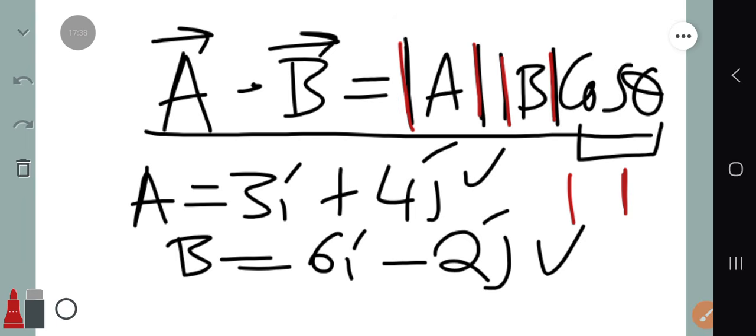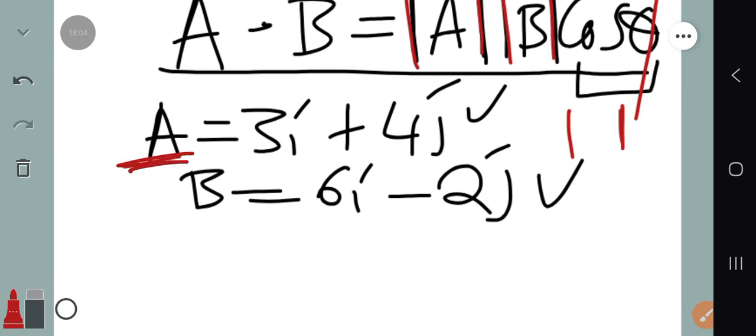And remember what I said about magnitude: magnitude equals the square root of x square plus y square. If you have three components, you say plus k square. So let's find the magnitude of A and the magnitude of B.